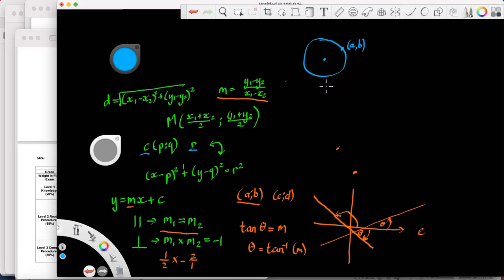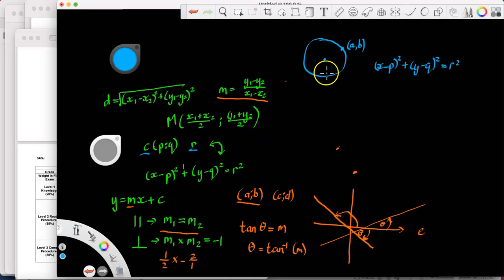Now, what you should know off by heart at level 1 is the equation of a circle: (x minus p) squared plus (y minus q) squared is equal to r squared. And what I already have is p and q because they gave me the center.